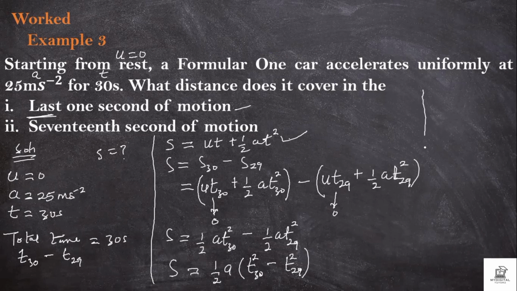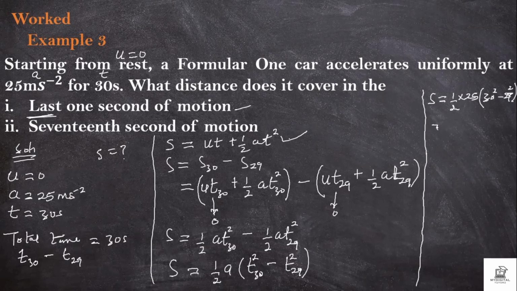Now that we have that, we can substitute the values directly. So s will be equal to 1 over 2 multiplied by a. What is a? 25. 25 multiplied by 30 squared minus 29 squared.